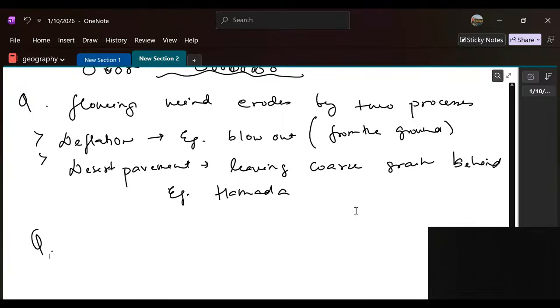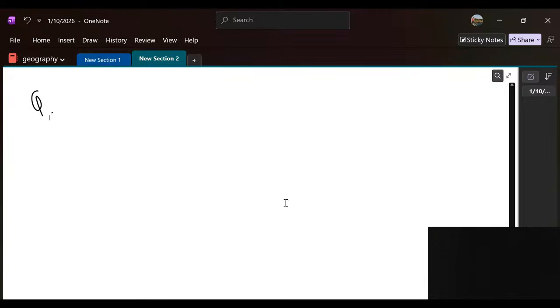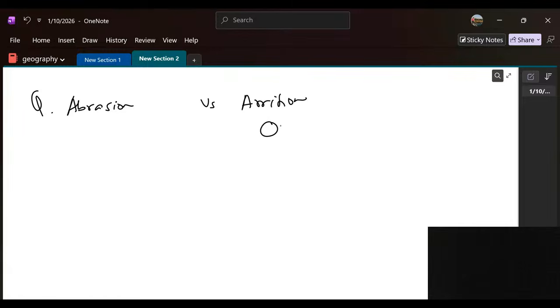Fine, we haven't reached the most important topics yet, but these are the basic ones. Abrasion versus attrition. Attrition means when two particles rub against each other.